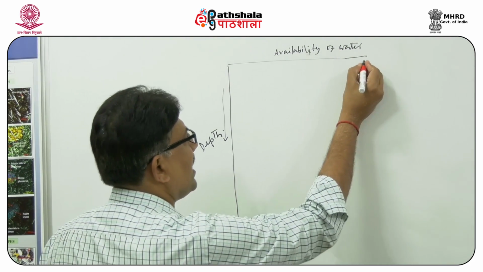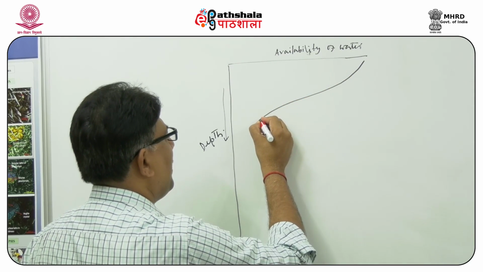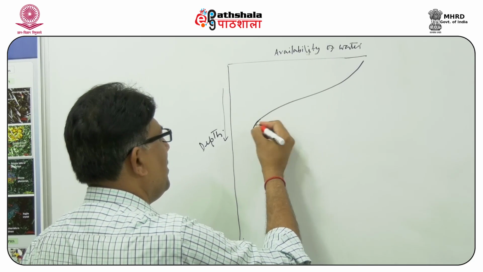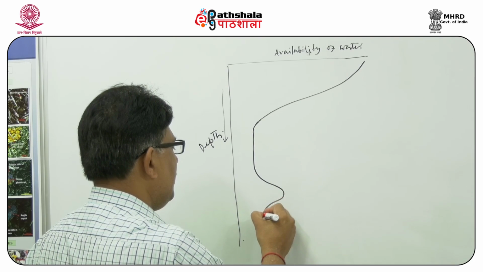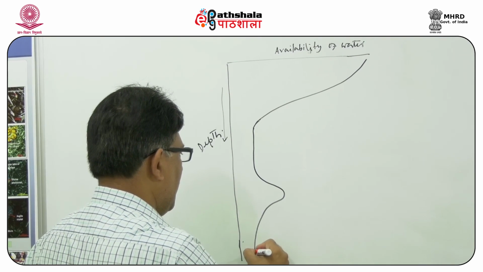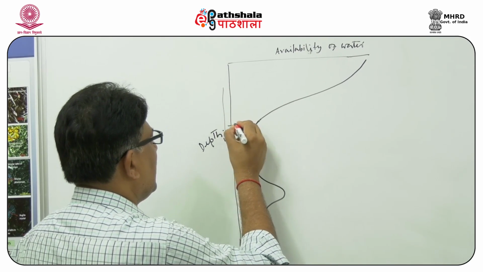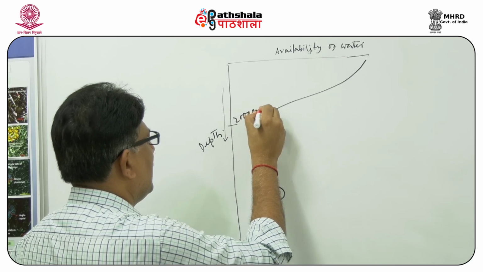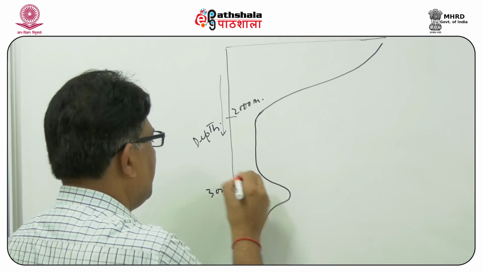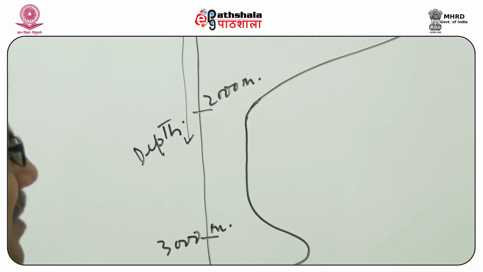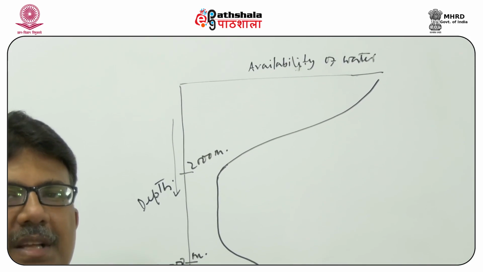So, in the initial stage the availability of water will be high, but within 2000 meter the availability of water will be low. This is the pattern of the curve: suppose here is your 2000 meter, this is about 3000 meter. You can see the availability of water drastically decreases as the porosity drastically decreases.